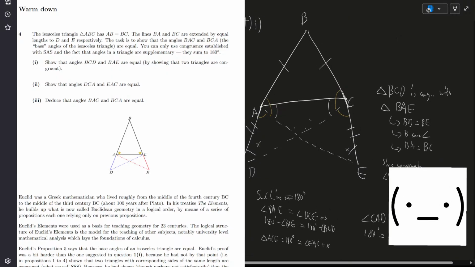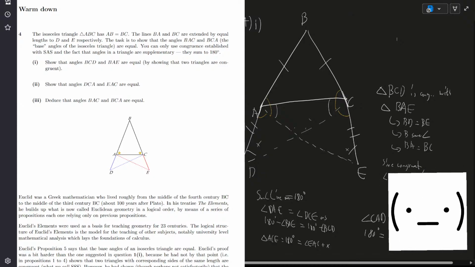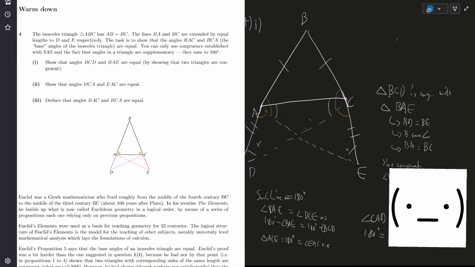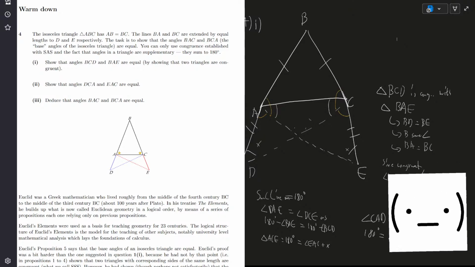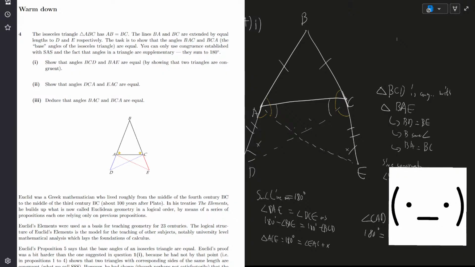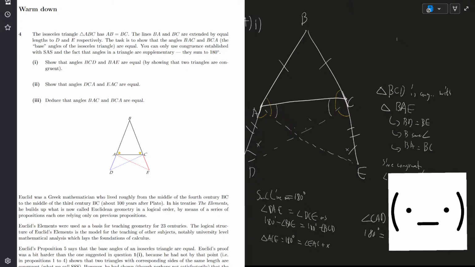Let's take a look at what other delusional ramblings I've written here. CAD equals ACE. Isn't that exactly what we're trying to prove? Am I dumb? Oh, no, it's not.